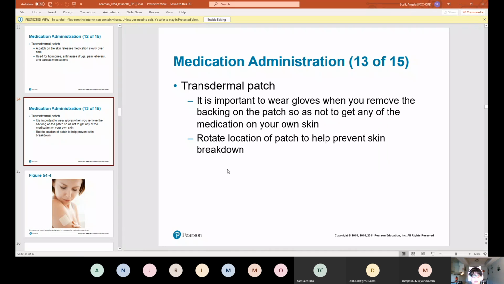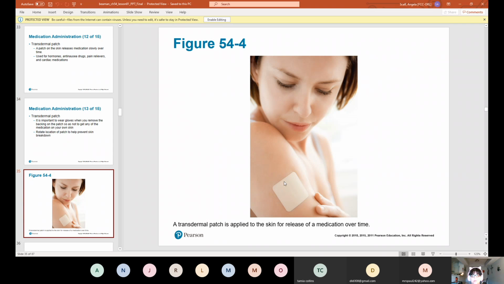Please always wear gloves. If you're touching it with your bare fingers, you do not want that medication on your skin affecting you, or taking away any of the medication that was meant for the patient. And here's an example. She's wearing a transdermal patch, and she decided to put it here.